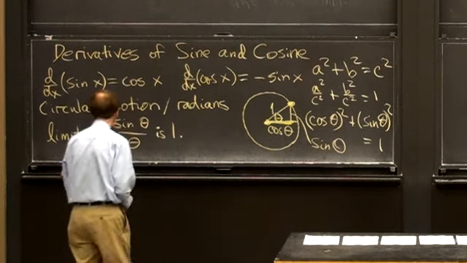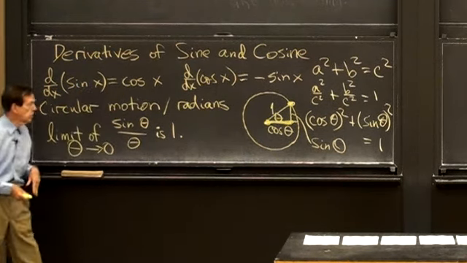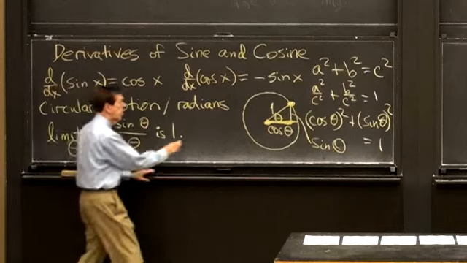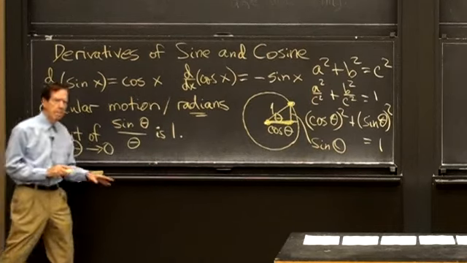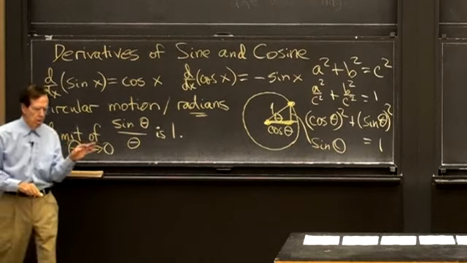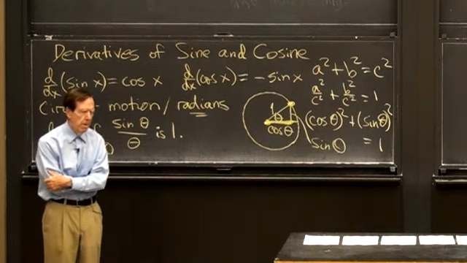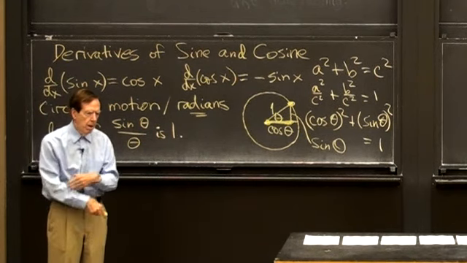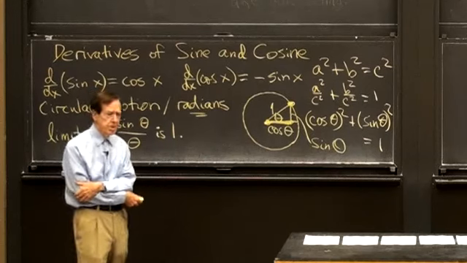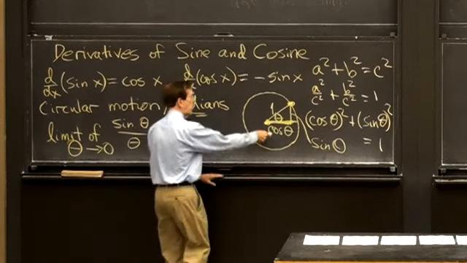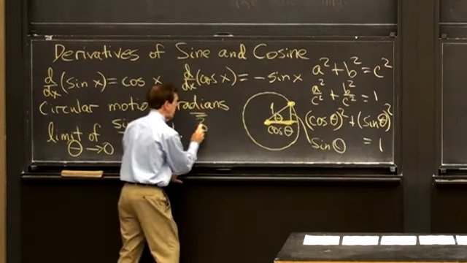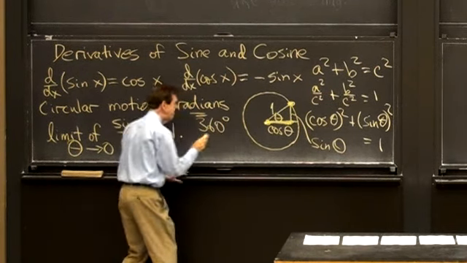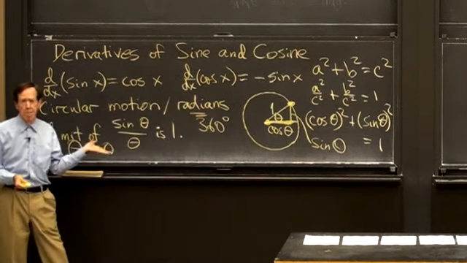Okay, now, so that's circular motion. Now I've introduced this word radians. And let me remind you what they are and why we need them. Why don't we just use 360 degrees for the full circle? 360 degrees, well, that's a nice number, 360.